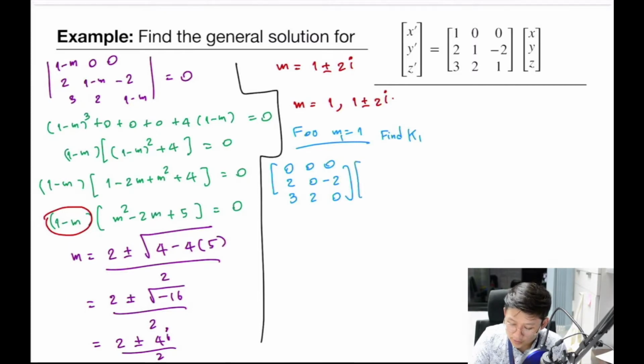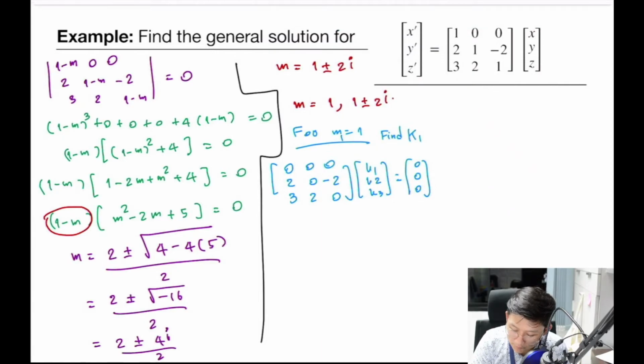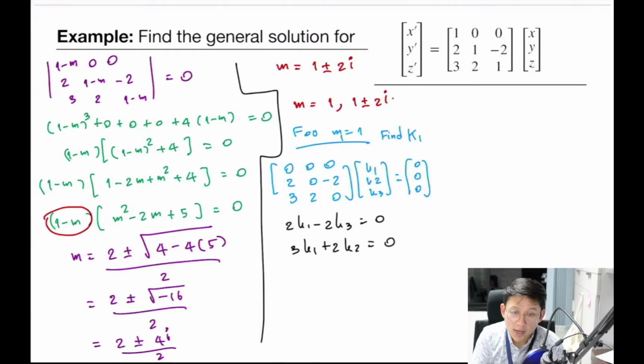And then we get k1, k2, k3 equals 0 0 0, which means that we have 2k1 minus 2k3 is 0, and 3k1 plus 2k2 is 0, and we need to write down k2 and k3 in terms of k1.